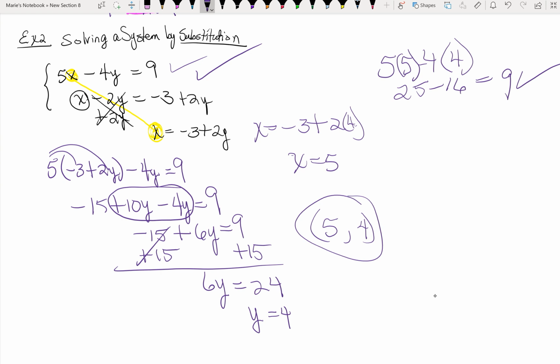So we're going to say 5 minus 2 times 4 is equal to negative 3, if that is true. Well, 5 minus 8 is equal to negative 3. Right? And so based on the fact that we completed that from the original 2, it should work anyway, right?